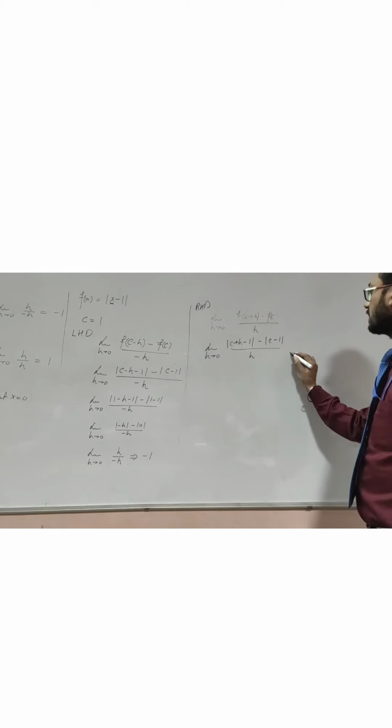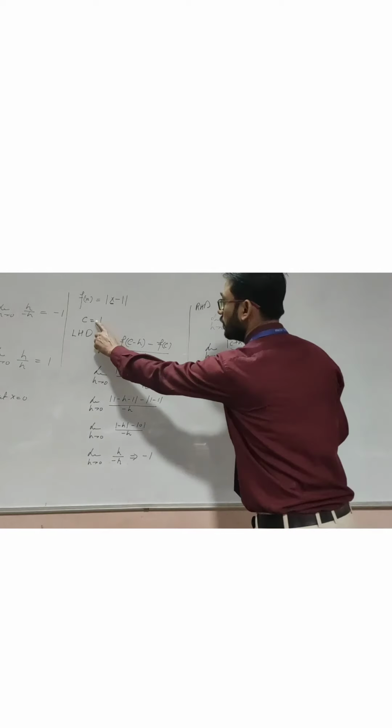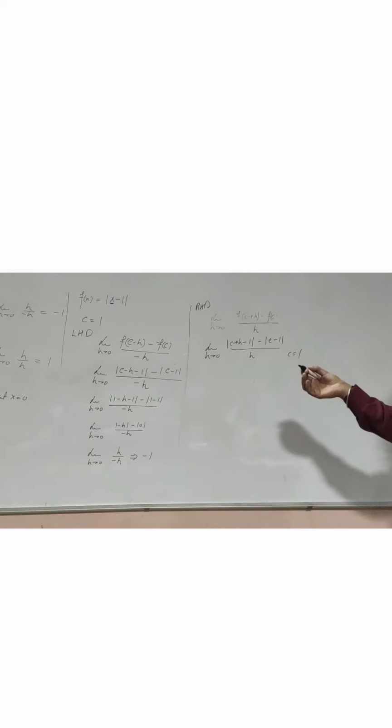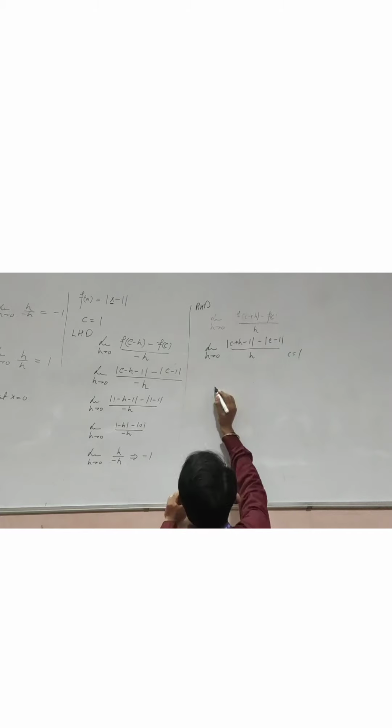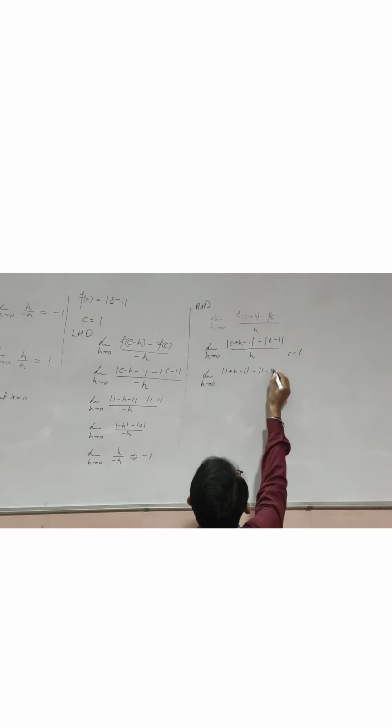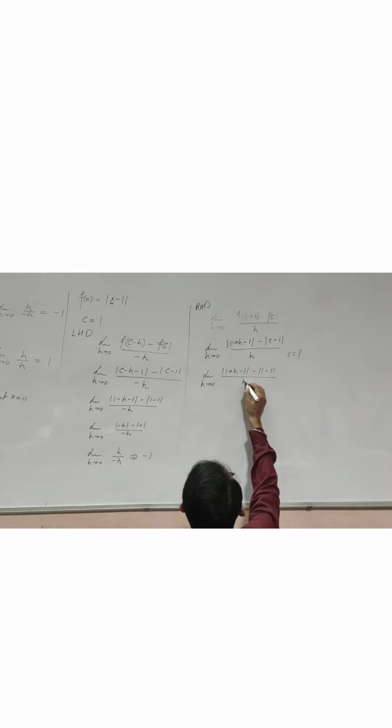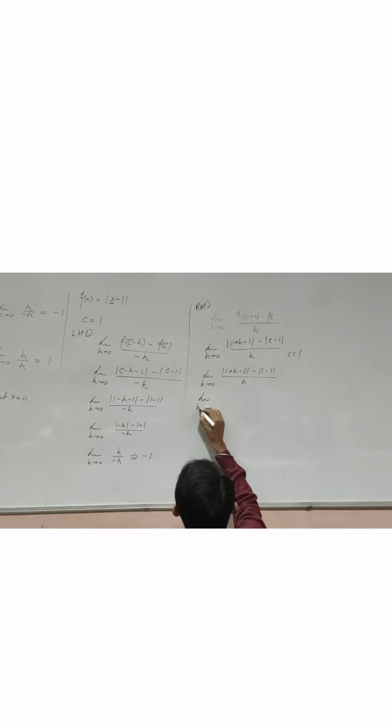We have been given c equals 1. Let us put it; it will become limit of h tends to 0, mod (1 plus h minus 1) minus mod (1 minus 1) whole upon h. Limit of h tends to 0, mod h minus mod 0 whole upon h.